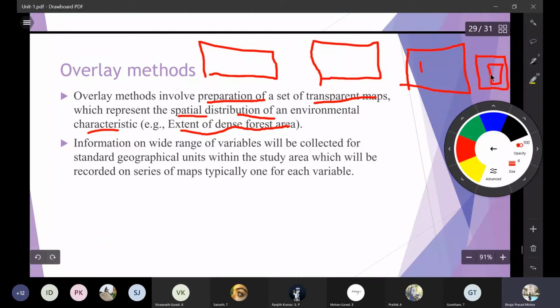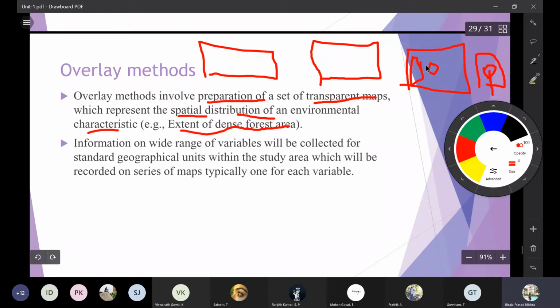Okay, so let's say one transparent sheet, we are going to give the area of the industry. Okay, in the second one we will give, let's say, this is the developmental project which is going to happen, and if we overlap this one, this image will come to this place, and here we can show that in this area suppose human habitat is there.